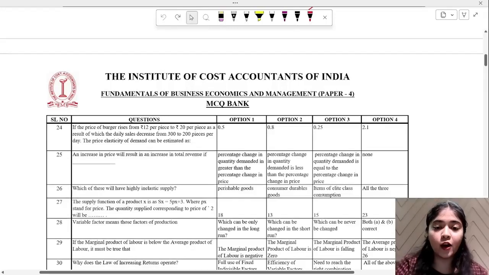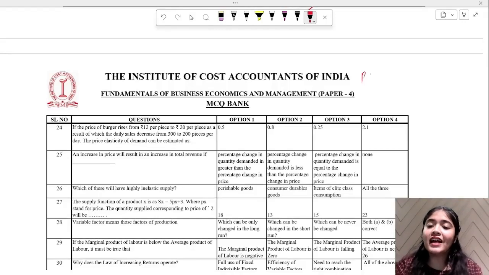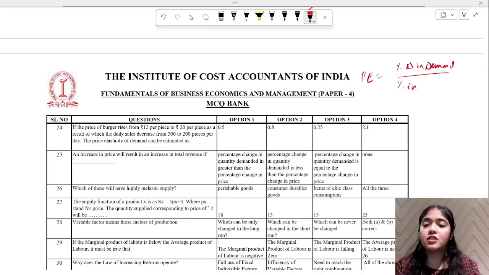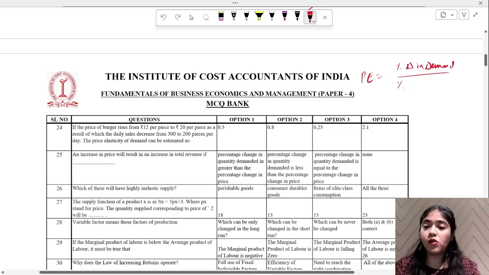So I hope you got the answer for this one, question number 24. Yes. So price elasticity will be calculated as percentage change in demand upon percentage change in price. Right.